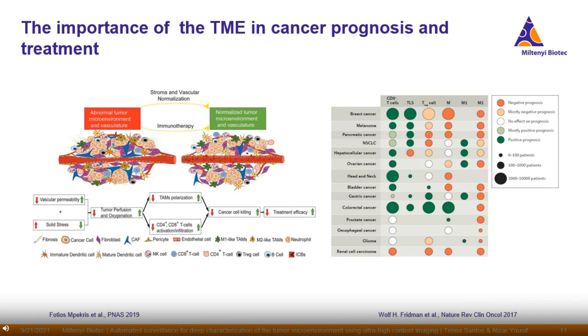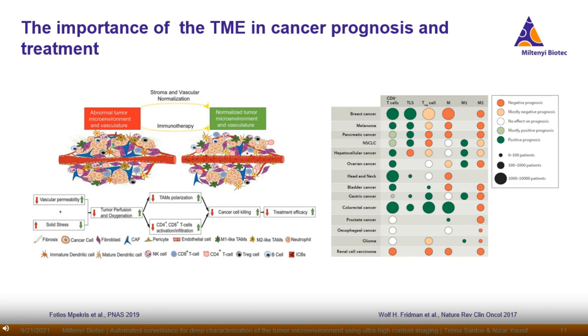On the left side, you observe a schematic of the proposed mechanism of action of normalization strategies of the TME to improve immunotherapy. Combined administration of immunotherapy with stroma and/or vascular normalization restores vascular functionality and alleviates solid stress, leading to improved tumor perfusion and oxygenation, skewing tumor-associated macrophages, TAMs, polarization away from the immunosuppressive M2-like phenotype to the M1-like phenotype.